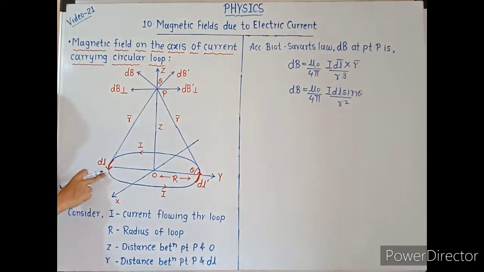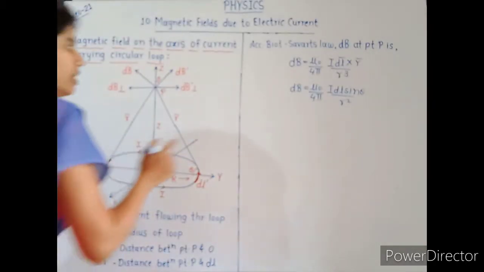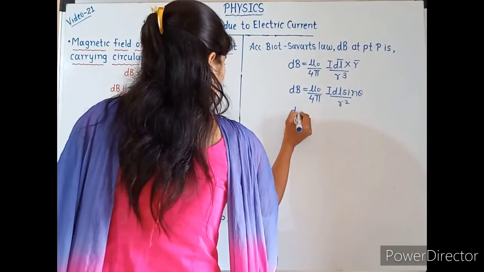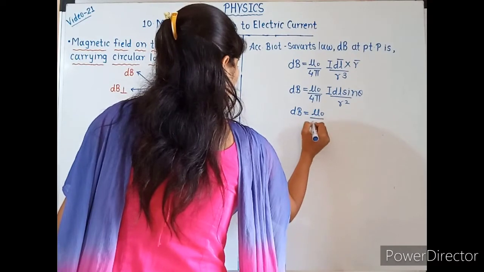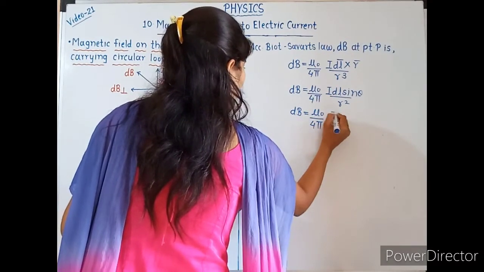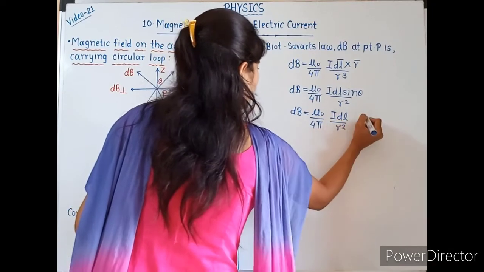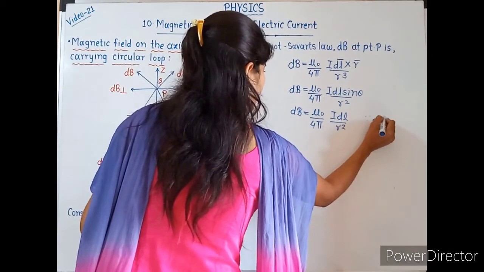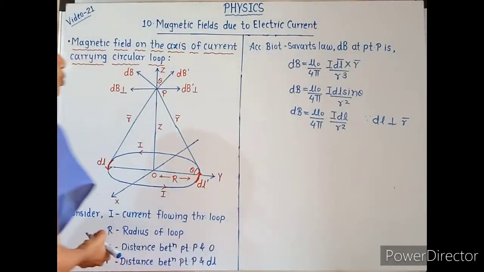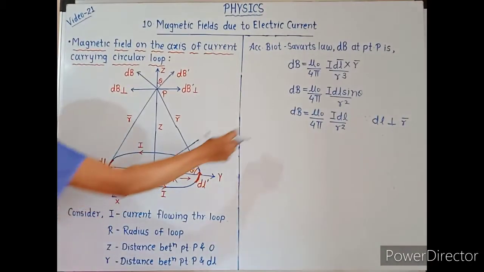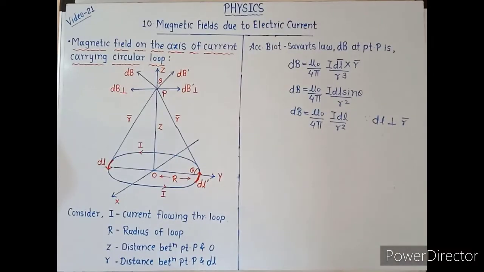Now the angle between this dl and r bar is 90 degrees, so we get dB is equal to mu 0 upon 4 pi I dl upon r square.